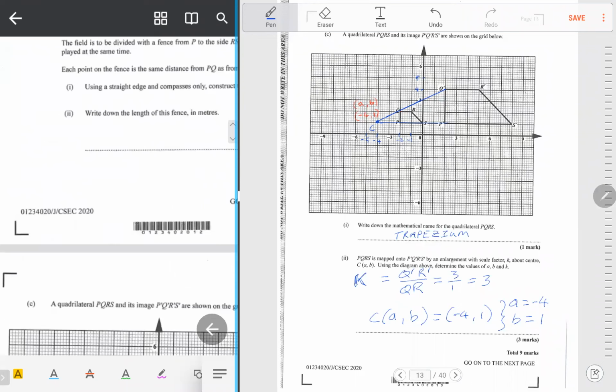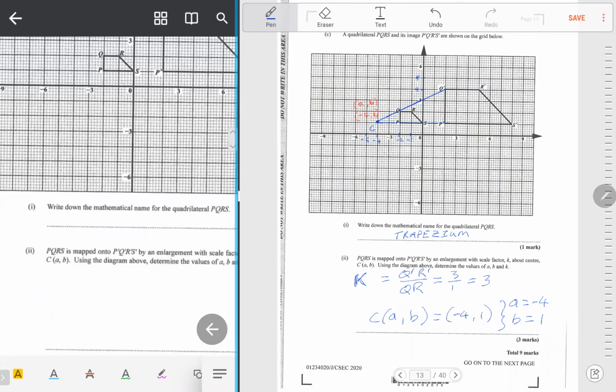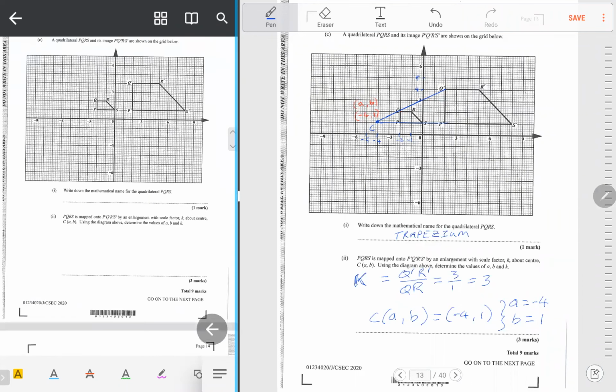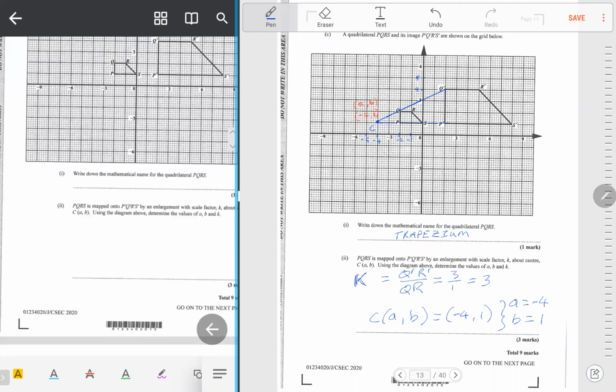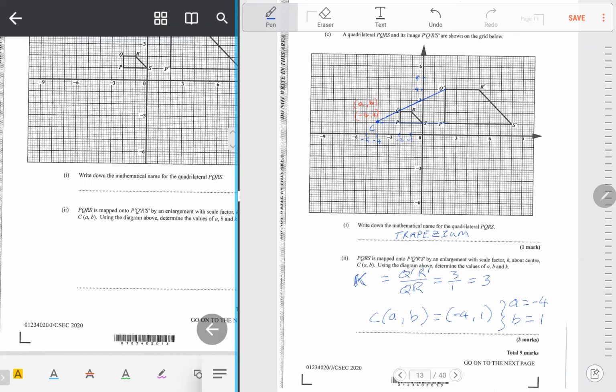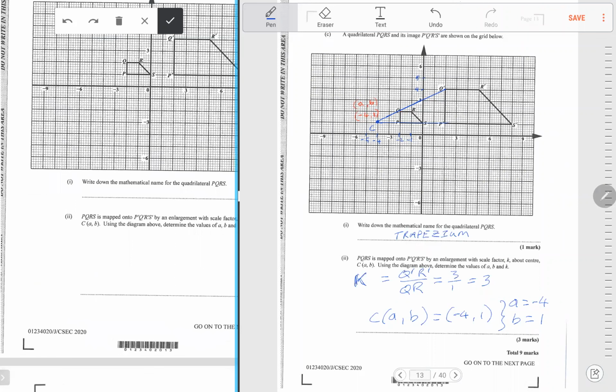Sometimes CXC will ask you a question like, for example, what is the area of P prime, Q prime, R prime, S prime over the area of P, Q, R, S?